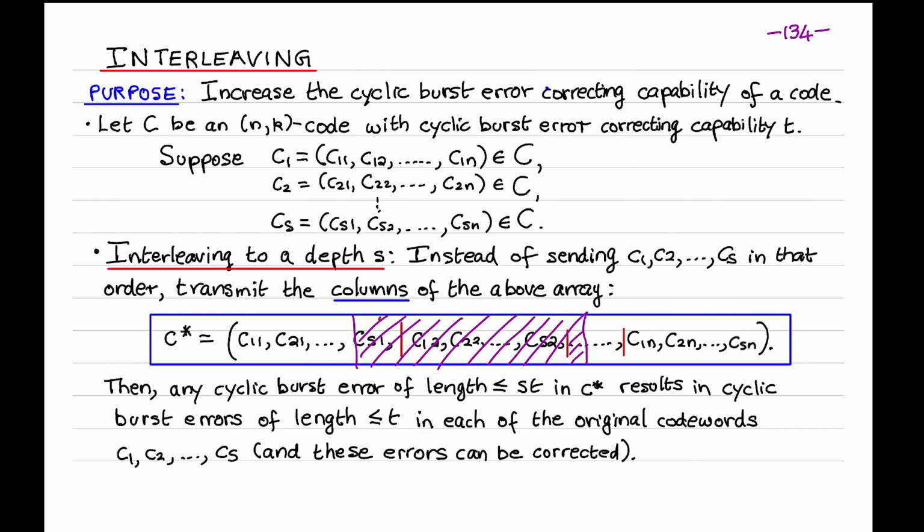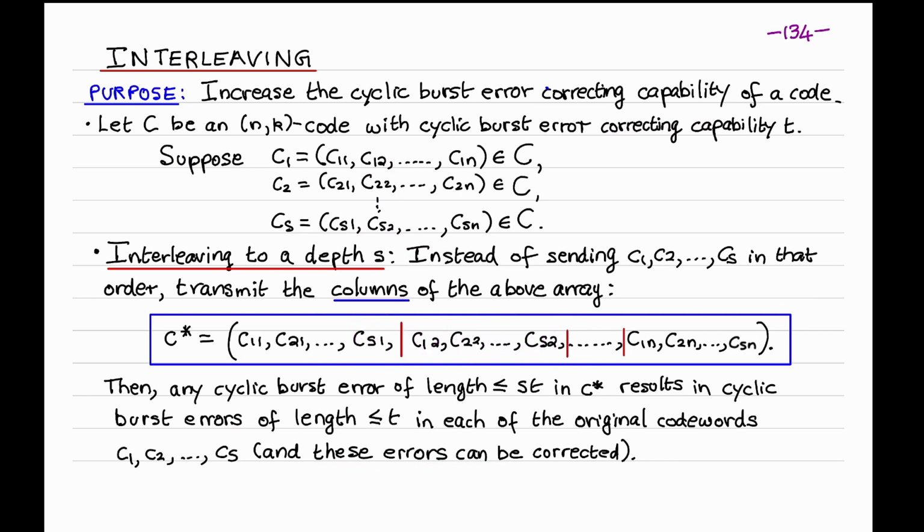The last code word CS is affected in 2 coordinate positions, namely CS1 and CS2, whereas the other code words are only affected in 1 coordinate position. So the original code words only suffer from cyclic bursts of length at most T, and these errors can be corrected using the error trapping decoding algorithm.